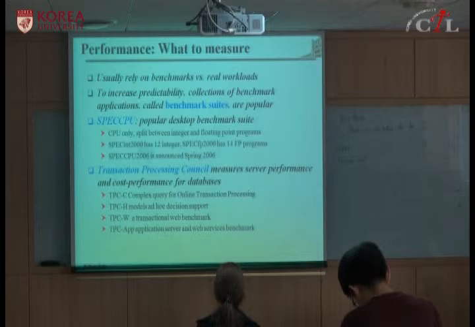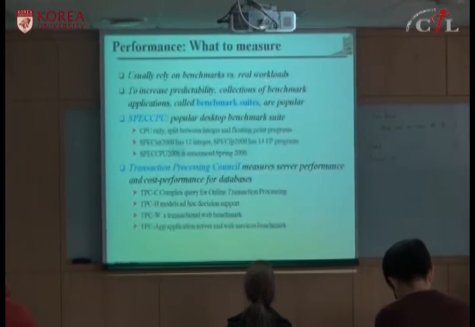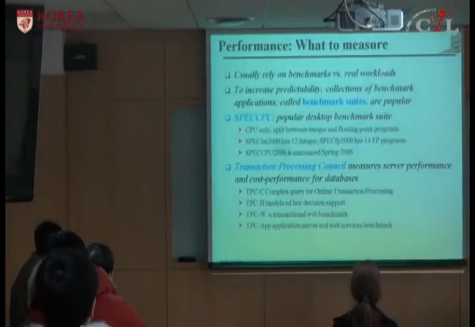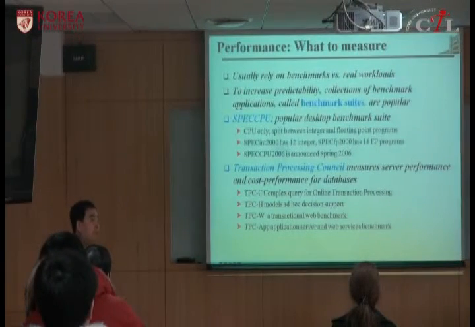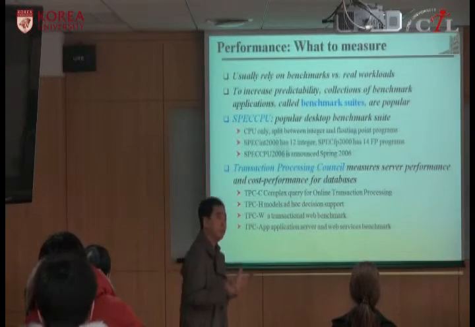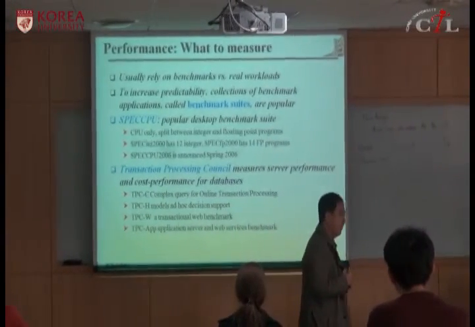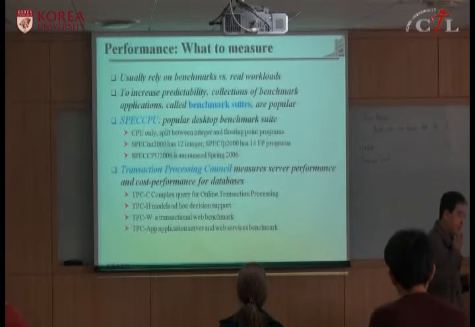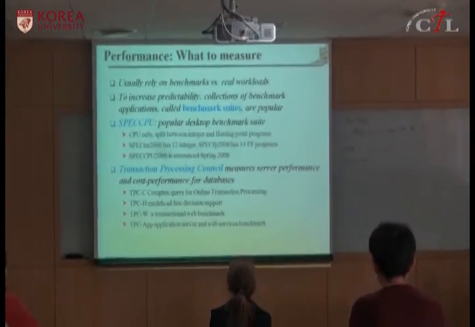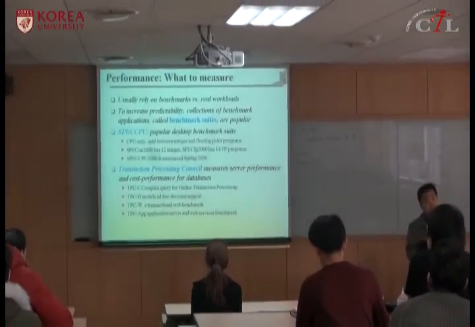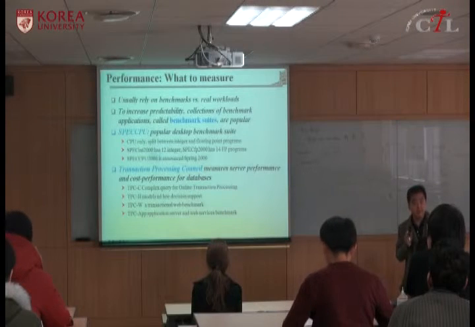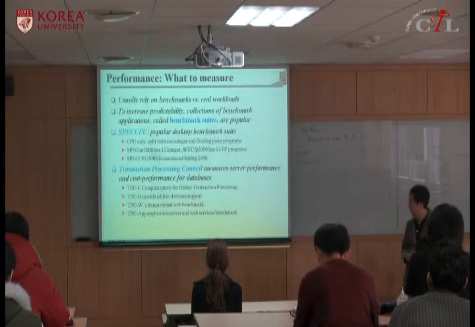How do we measure performance? Usually you rely on benchmarks instead of real workloads, because real workloads have so many variations. You cannot measure the performance of all the applications. So instead, you select a common set of the most popular applications for that computer. Okay?